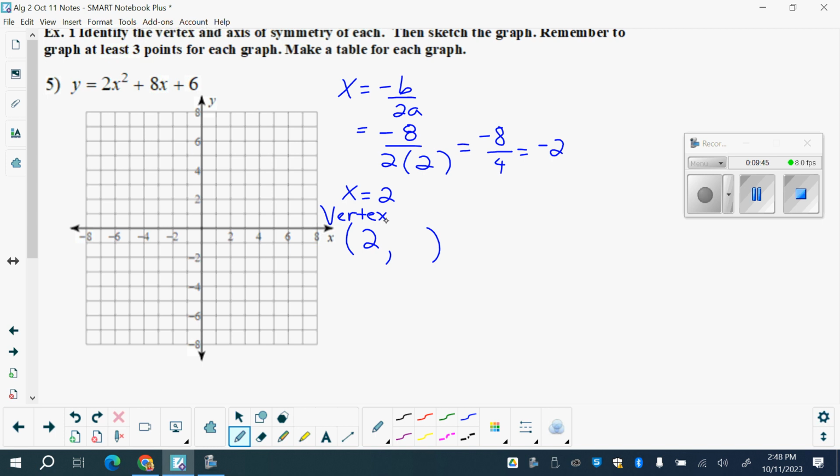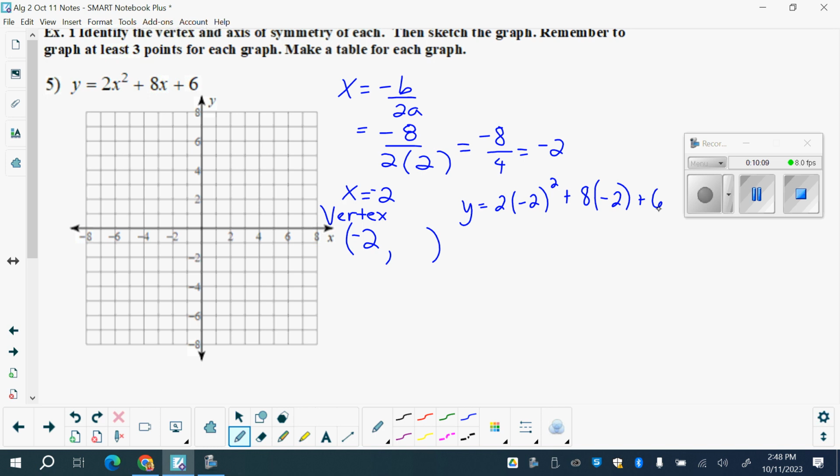Thank you. We want to take that negative 2 and substitute it into the equation. So we have y equals 2 times negative 2 squared plus 8 times negative 2 plus 6.